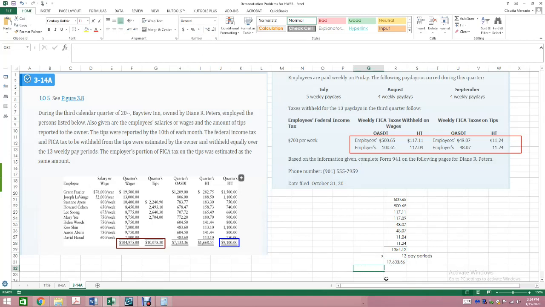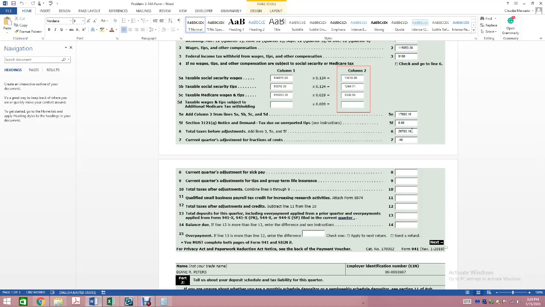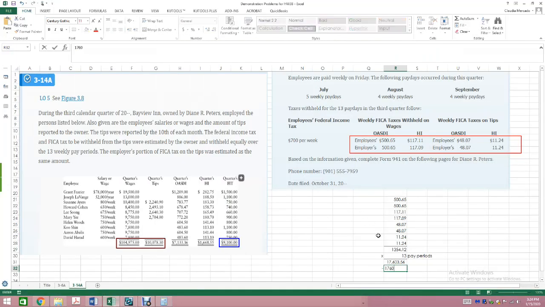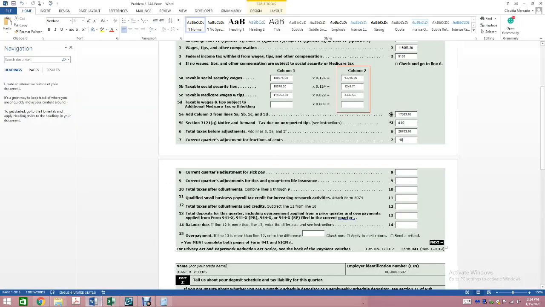You're going to subtract from line 5E, which is 17,603.16. This is line 5E.